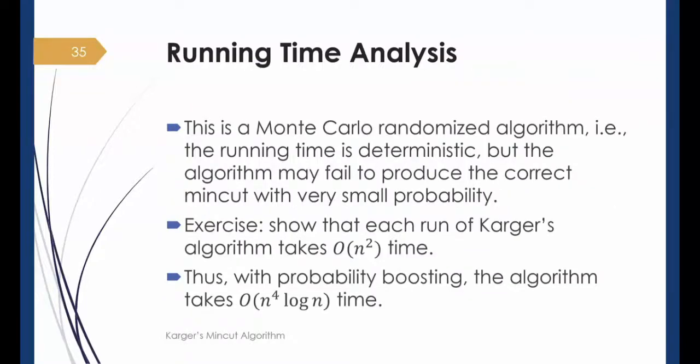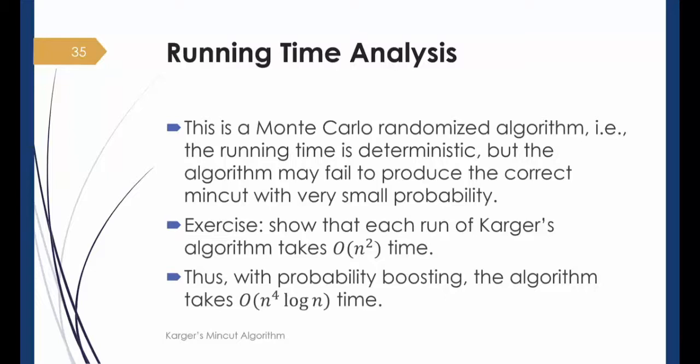We are finally left with running time analysis. This particular algorithm is a Monte Carlo algorithm. So, the running time is actually a deterministic quantity. Of course, the algorithm may fail to produce the correct min cut, but with a very small probability. So, a quick exercise here, you have to show that each run of Karger's algorithm takes O of n squared time.